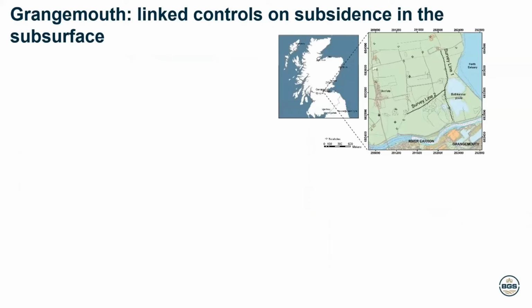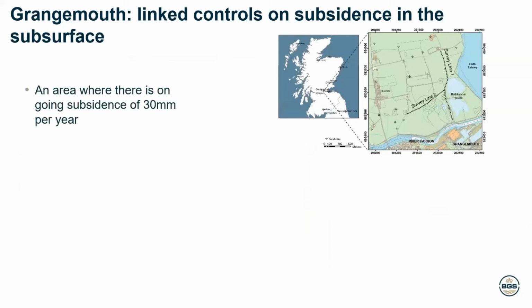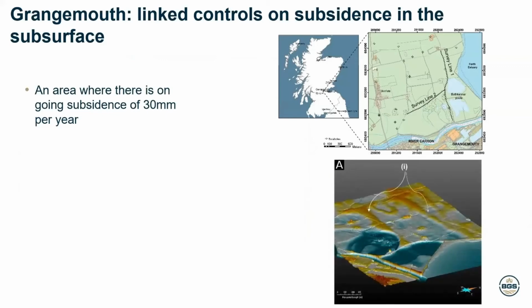Okay, so finally, my final case study is another project that I've been working on, again halfway between Glasgow and Edinburgh, a place called Grangemouth, which sits on the edge of the River Forth. At that locality, we knew from InSAR data that there was about 30 millimeters of subsidence occurring per year.